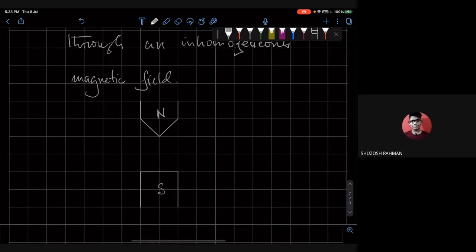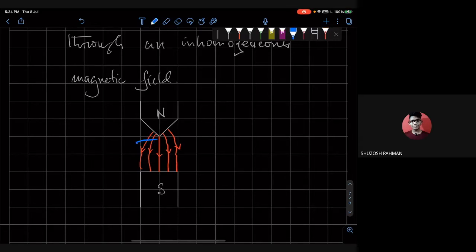They brought these two magnets together, and just from geometry, the magnetic field lines will do something like this.